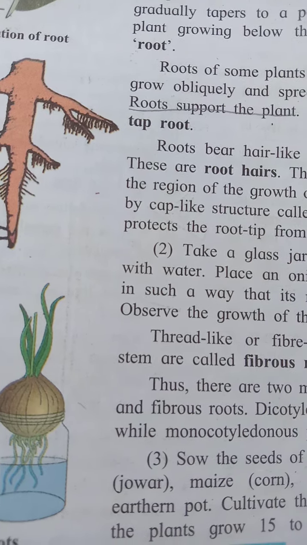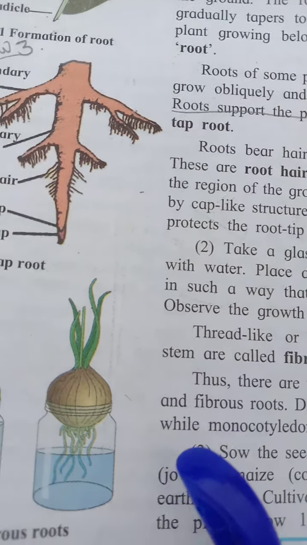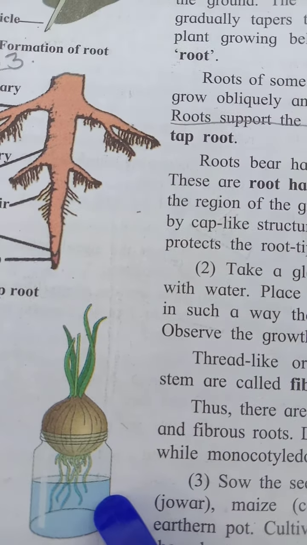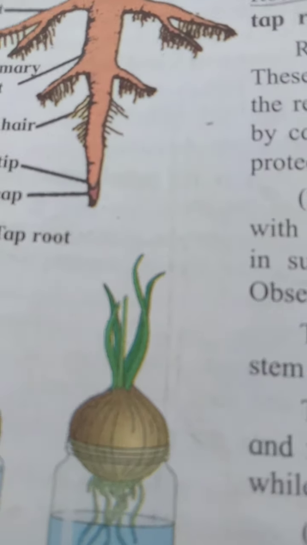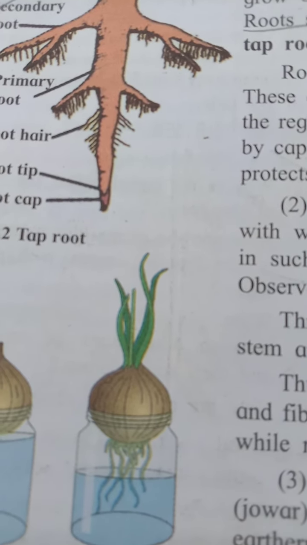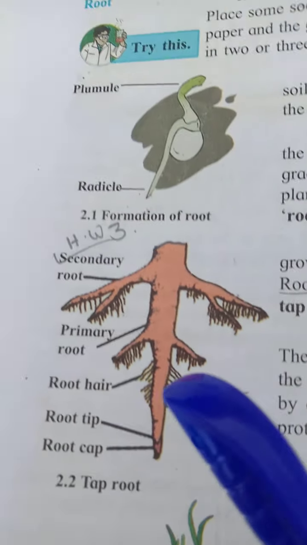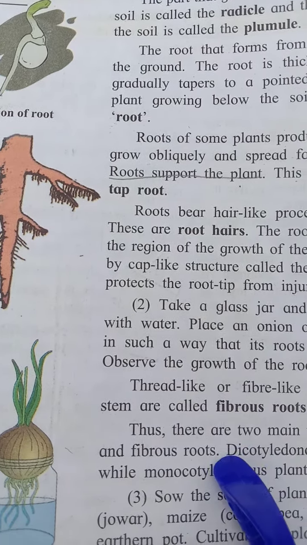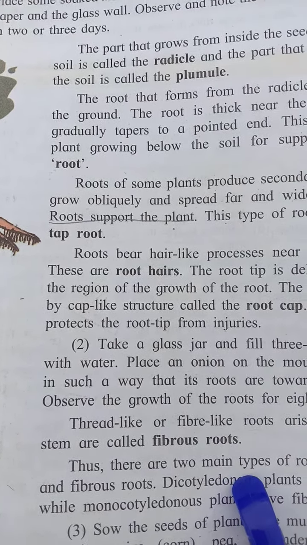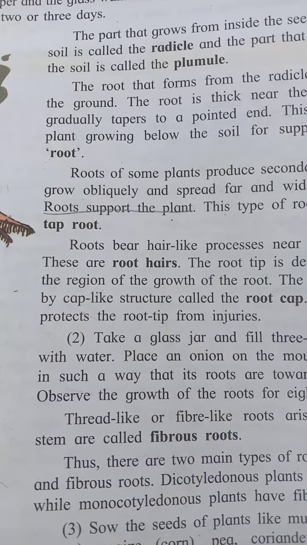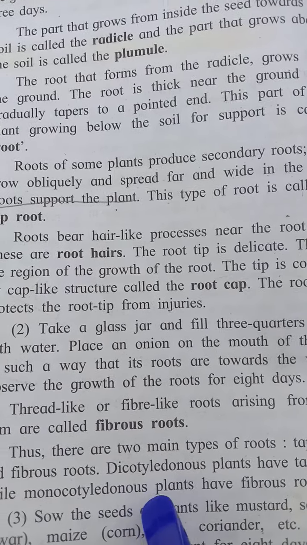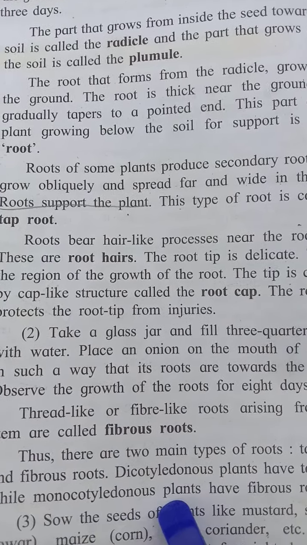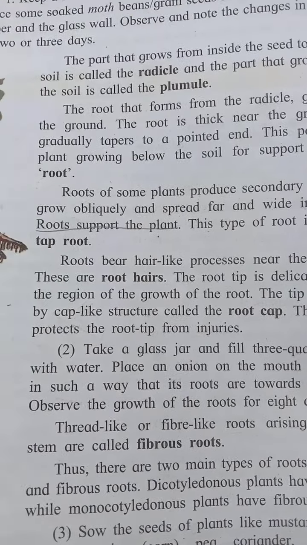Thus there are two main types of roots. Thread-like or fiber-like roots arising from the stem are called fibrous roots. These are the fibrous roots growing from the onion, and this is the taproot. Dicotyledonous plants have a taproot, while monocotyledonous plants have fibrous roots.